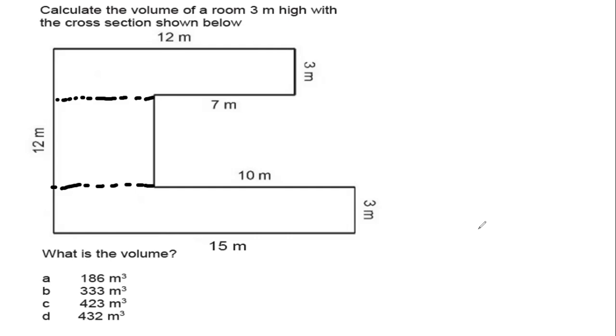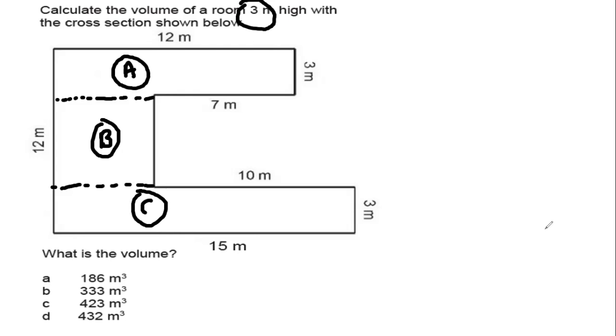We're just going with that flow. So we're going to find the area of segment A, segment B, and segment C. And when we find the areas, we add them up and then multiply by 3 to get the volume of this irregular shape.